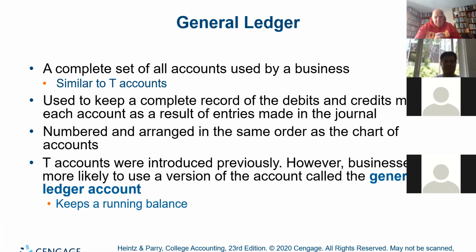This is where you keep a complete record of the debits and credits to each account as a result of the journal entries. They're numbered and arranged in the same order as the chart of accounts. In other words, when you print your trial balance, it's going to come out the same way: assets, liabilities, equity, revenue, expenses, in that order.